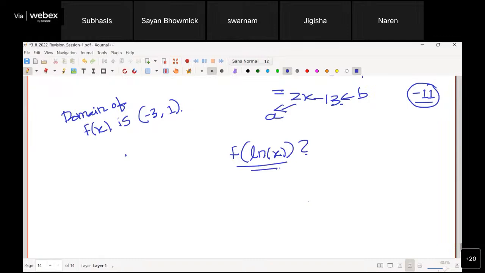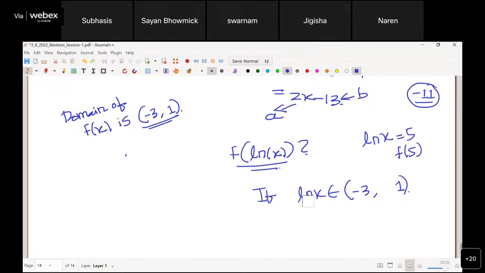So you know that f is defined in the interval -3 to 1, right? Then f of ln x will be defined if ln x is inside this interval. Because if ln x is something else, maybe ln x is 5, then f of 5 is not defined, right?